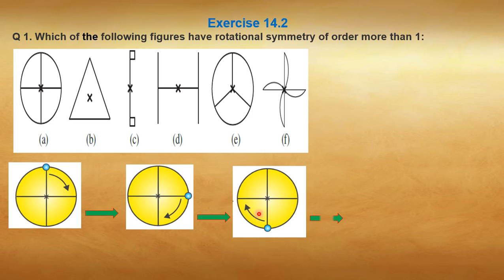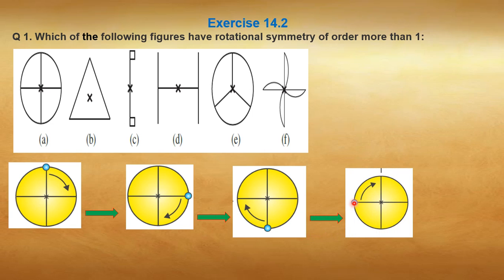Again it rotates, and lastly we get this point, by which we show that the circle appears as it was. When it turns again in this direction, we get the same figure.